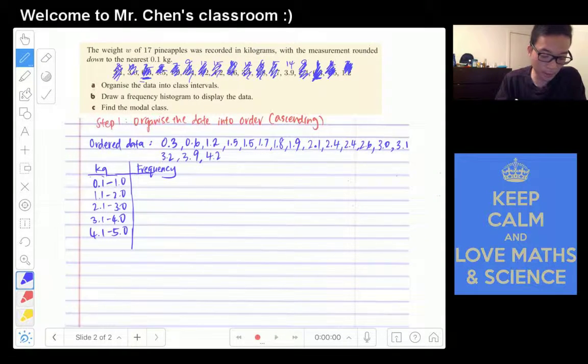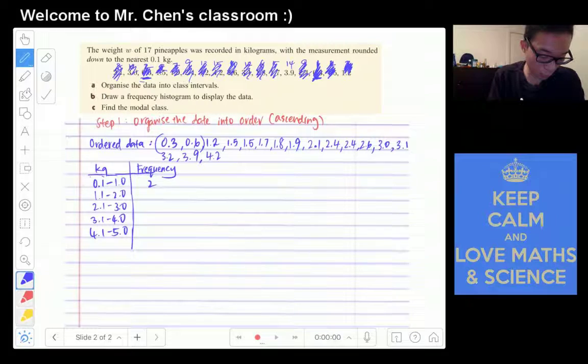So you actually need to count how many are in the 0.1 to 1.0 range, which is these two. So there are two of them. And then from 1.1 to 2.0, once you organize it, it's actually a lot easier. Look at this: 1, 2, 3, 4, 5, 6. You have 6 of them.